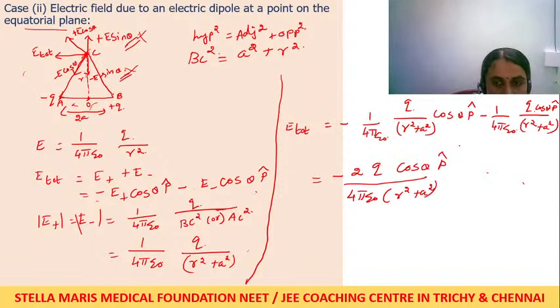we know the cos theta formula. So cos theta is equal to adjacent divided by hypotenuse.